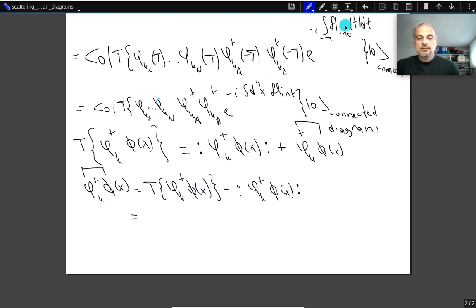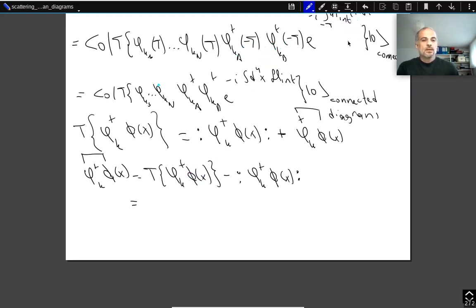This phi of x is coming from this interaction term. So since this is acting before any other operator, this time ordered product is actually phi of x, phi k dagger. And if you look at this normal ordered product, remember what the normal ordered product does. It puts the creation operators to the left and annihilation operators to the right.